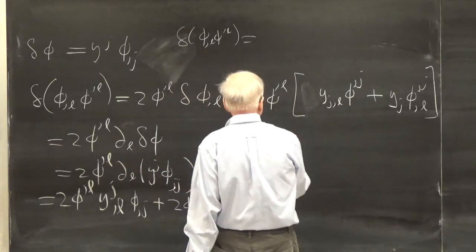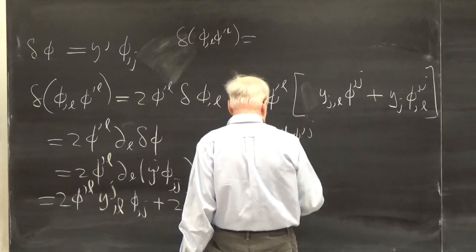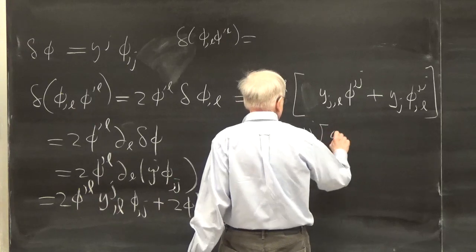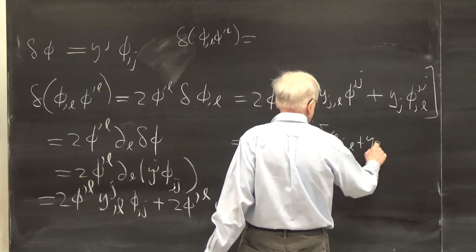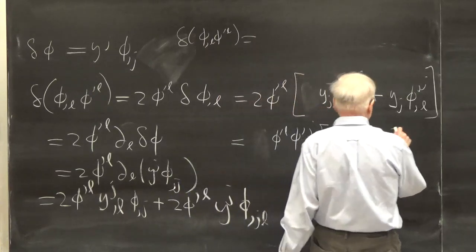So one of these terms is 2 phi comma L phi comma j, and if we get rid of the 2, we can write this as y_j comma L plus y_L comma j. So that's one term.